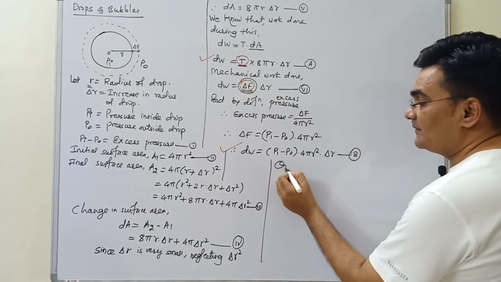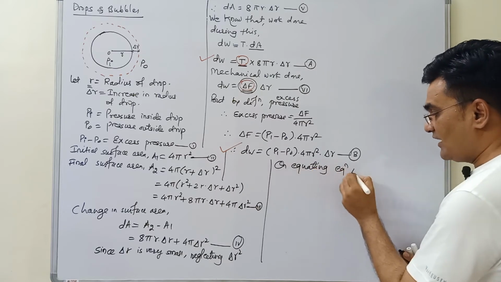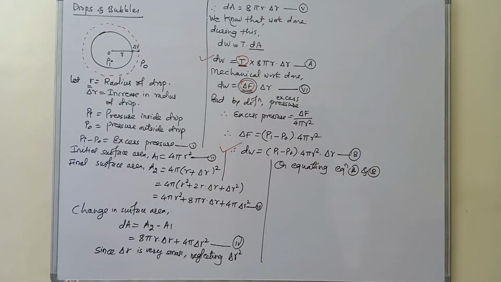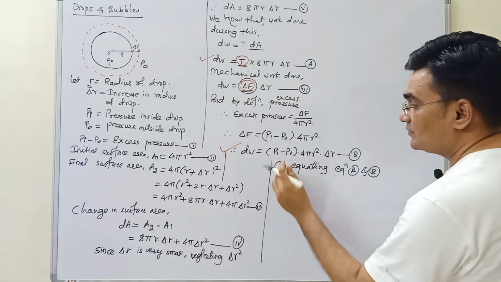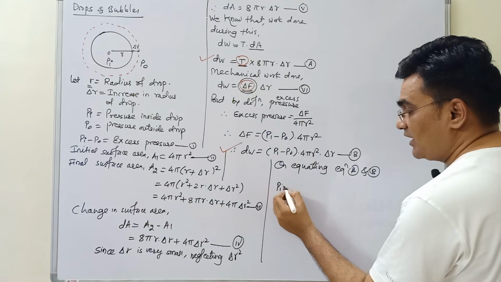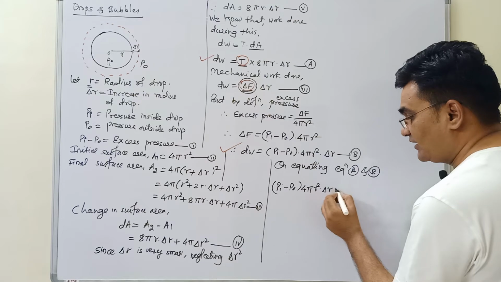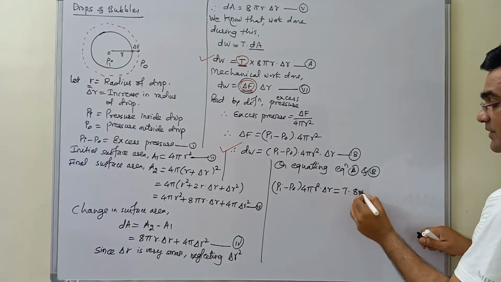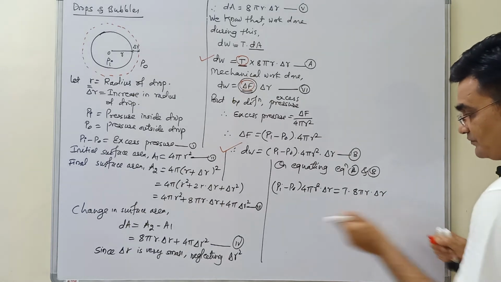On equating equation A and B, what will we get? Equating this equal to this: Pi minus Po into 4 pi r square into delta r equals T into 8 pi r into delta r.